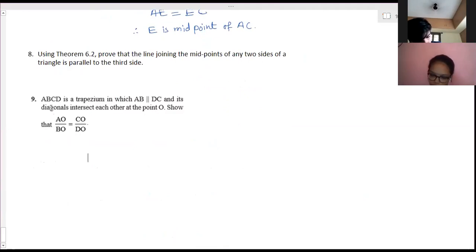ABCD is a trapezium. Ma'am, we have to make a construction in this. ABCD is a trapezium in which AB parallel to DC.